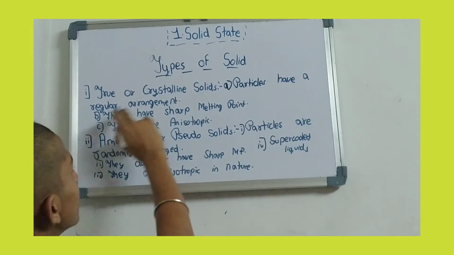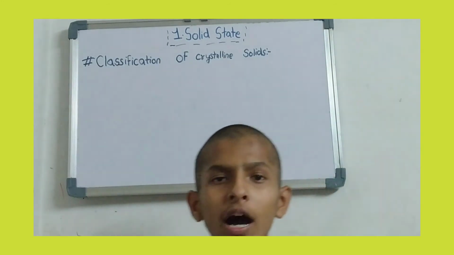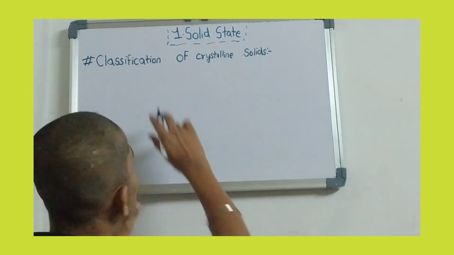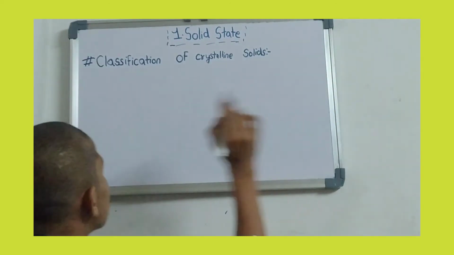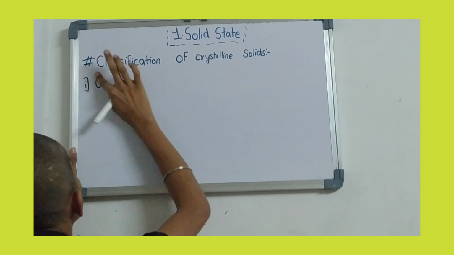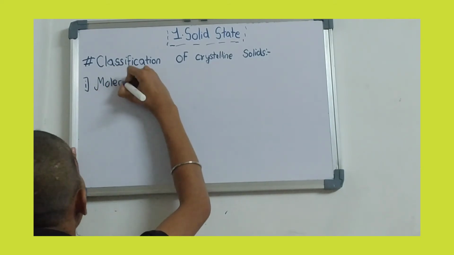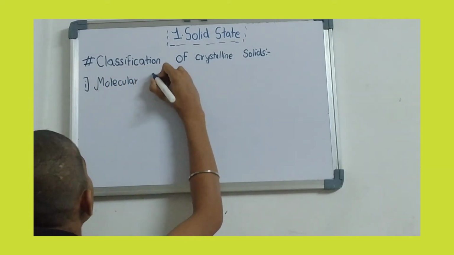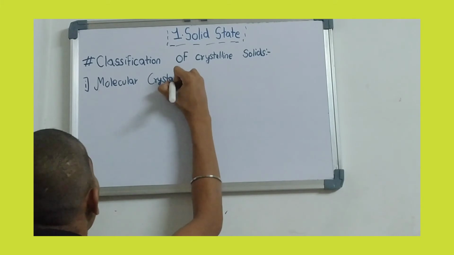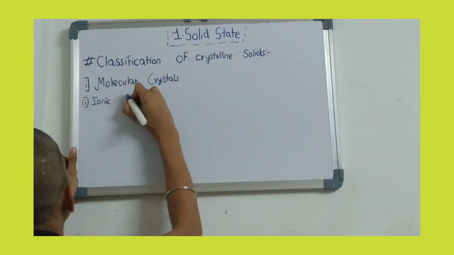Now we will study the types of true or crystalline solids. Basically there are four types. The first one is molecular crystals. The second one is ionic crystals.